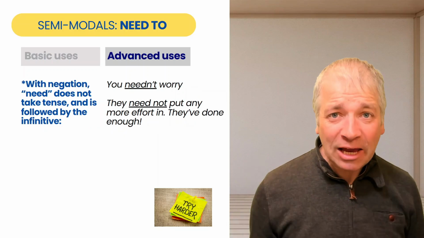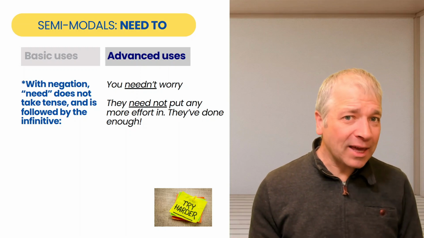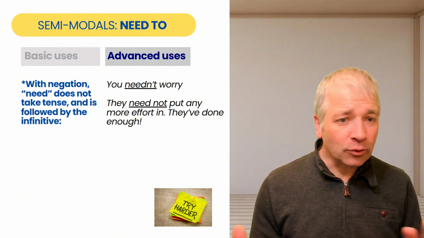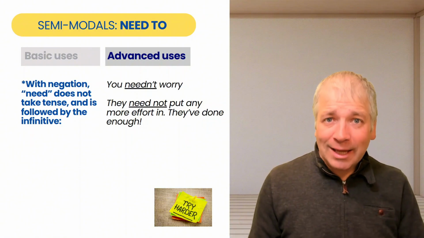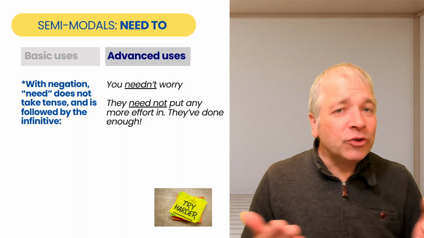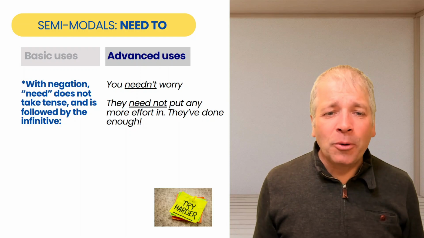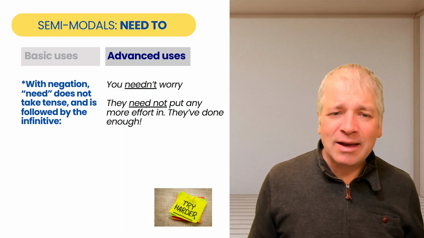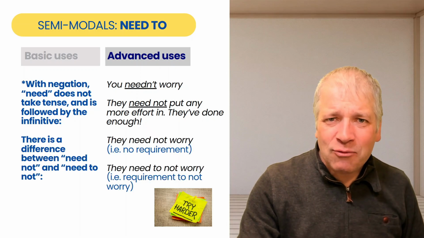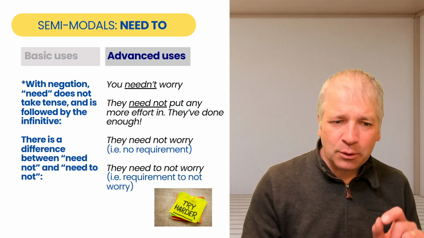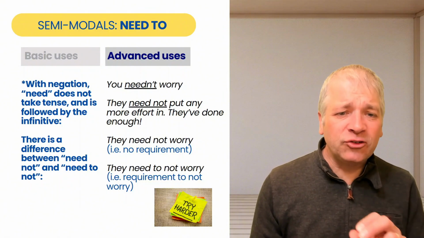Now, with the negation of "need," there's an important difference. With negation, "need" does not take tense and is followed by the infinitive, usually without "to." "You needn't worry," not "you needn't to worry," or "they need not put any more effort in, they've done enough." But we can use "to" sometimes, but that creates a complication because there is a difference between "need not" and "need to not."